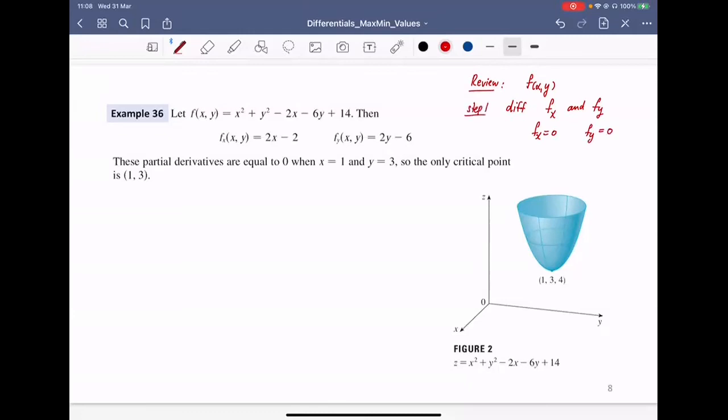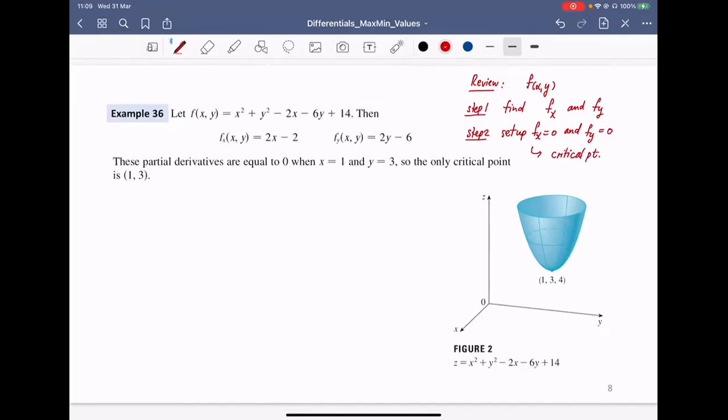Let me say it again. Step 1, you find the partial derivatives. Step 2, you set up the equations fx equal to 0 and fy equal to 0, because you want to find the critical points.